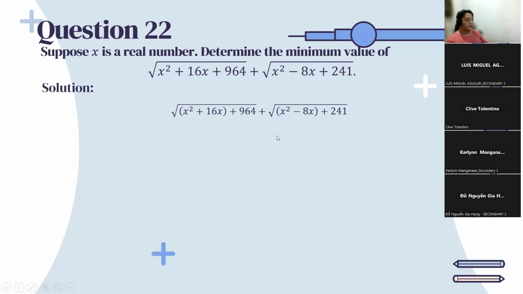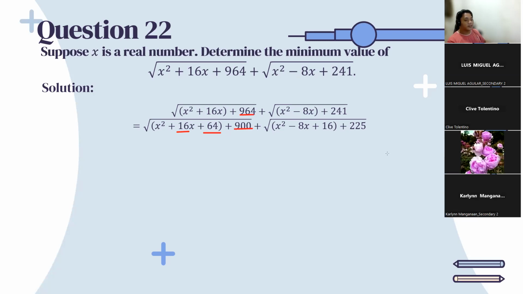What you will do is you complete the square first. So you have x squared plus 16x and x squared minus 8x here. So completing the square, you have 16 divided by 2, which is 8. 8 squared is equal to 64. Okay, so 964 minus 64 is 900. So same here.